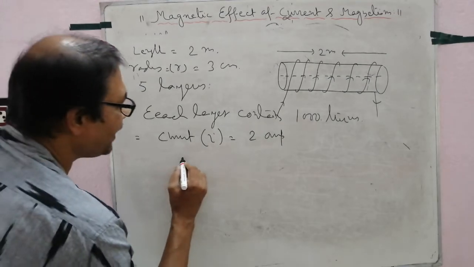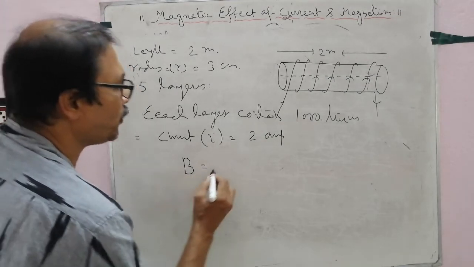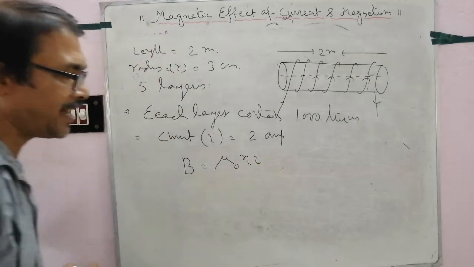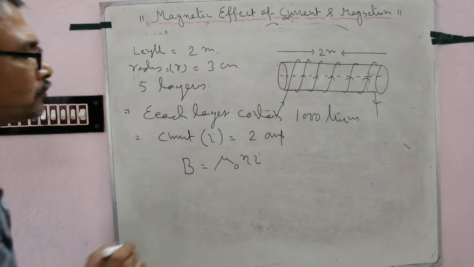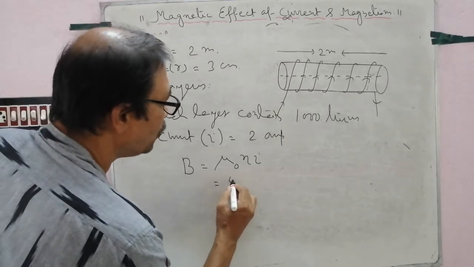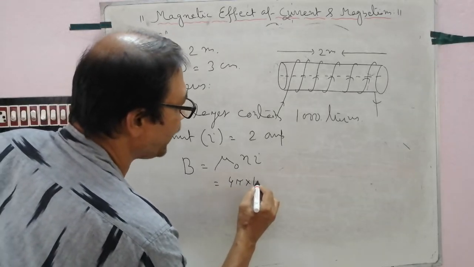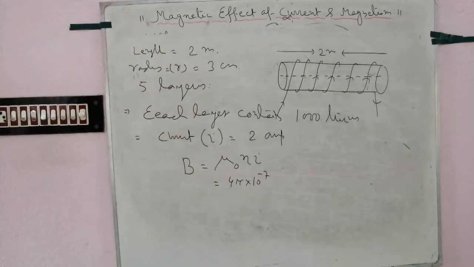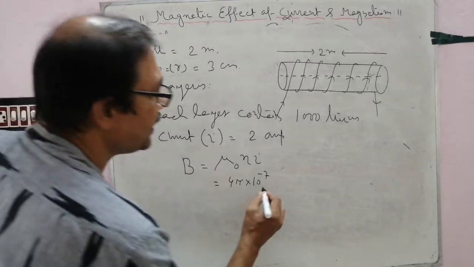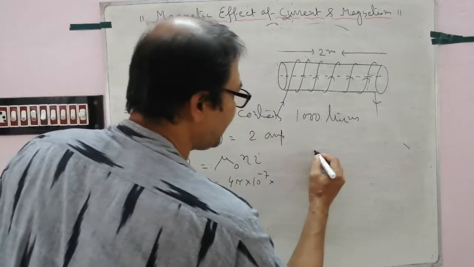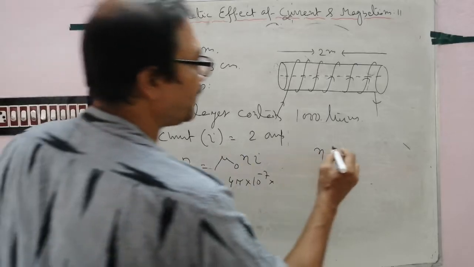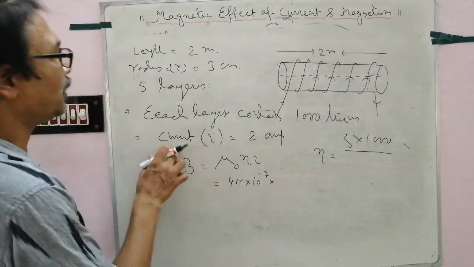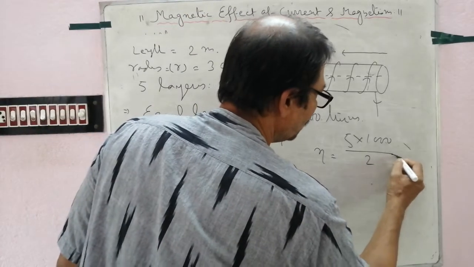We know the magnetic field inside the solenoid, by the application of Ampere's circuital law, is mu naught N I. In space or vacuum, mu naught is 4 pi into 10 to the power minus 7 Henry per meter, or Tesla per ampere meter, and n is the number of turns per unit length. Total number of turns is 5 into 1000, each layer 1000, 5 layers, and length 2.